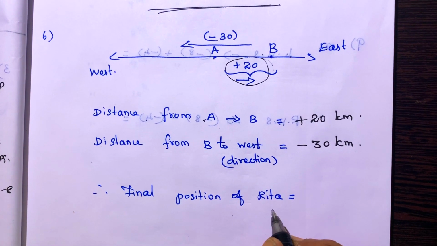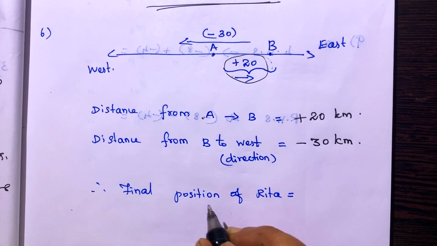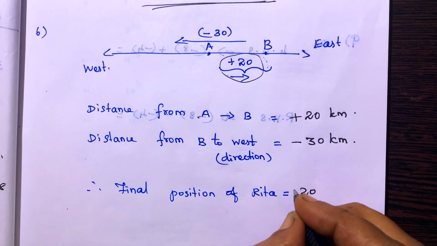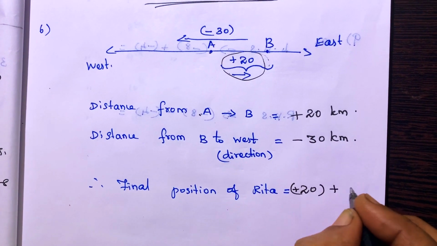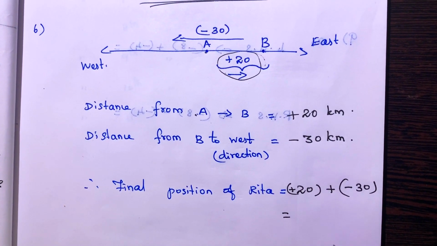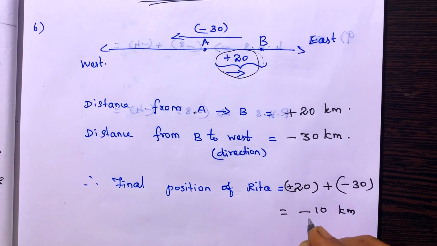Now the final position we need to find out. So the total distance which Rita traveled is 20 kilometer plus minus 30 kilometer. When we are adding, you know very well, so minus 10 kilometer you will be getting.